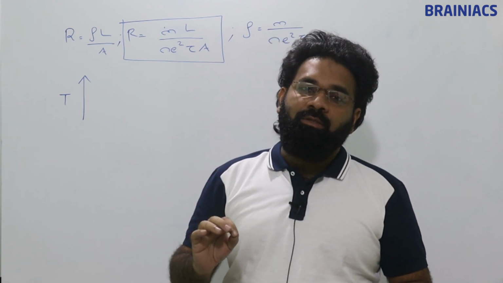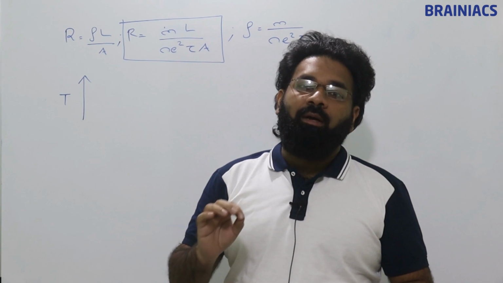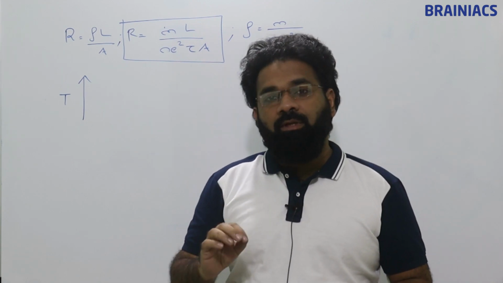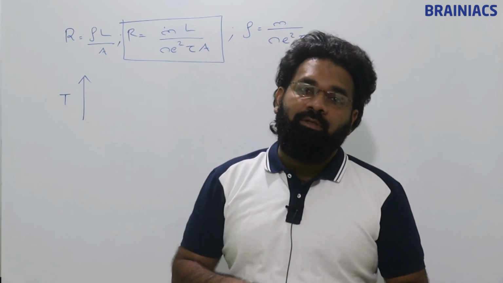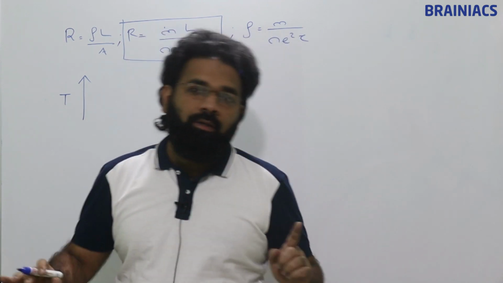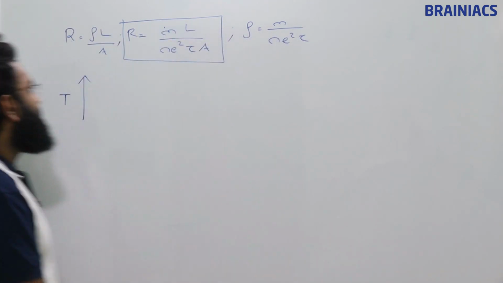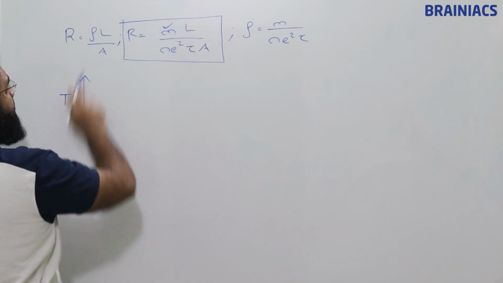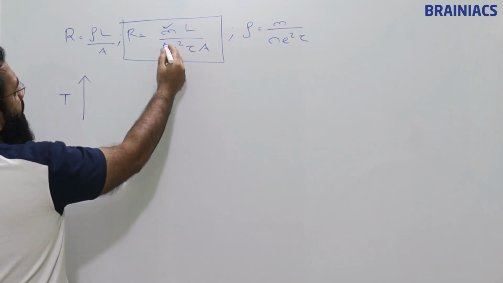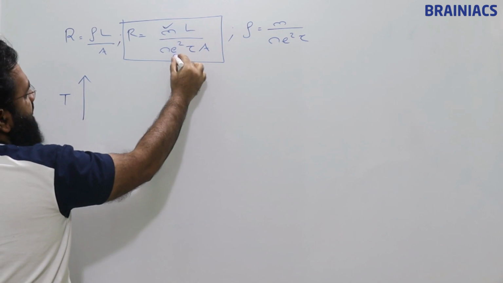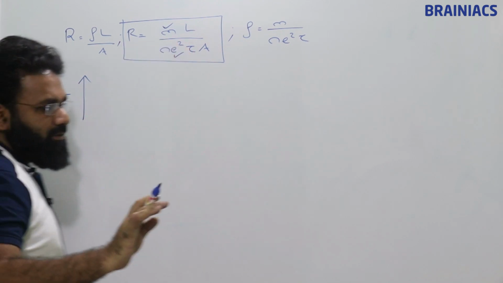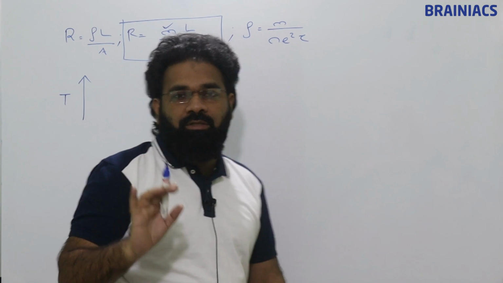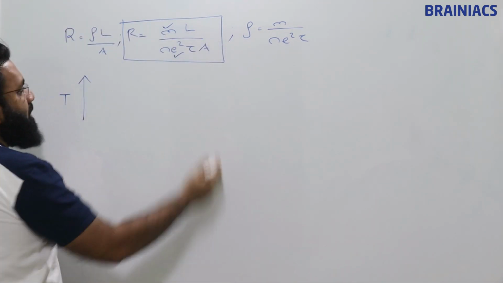Mass will change only if the particle travels with very high velocity. Remaining all the time, mass will be constant. So this is constant. Now if temperature increases, what will happen to this charge? This is also constant. Charge of an electron will never change by changing the temperature.